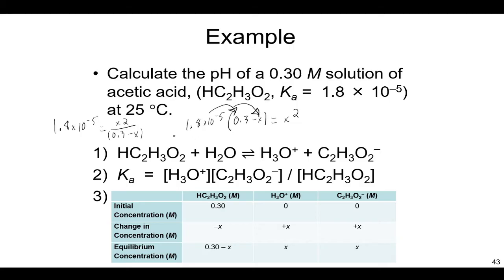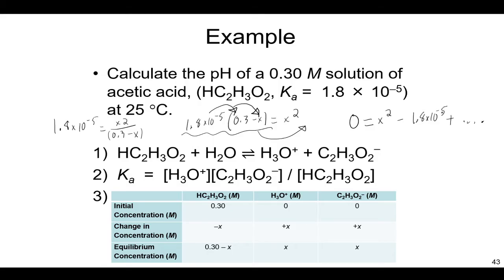I can then move everything to the other side so that I can get it in a quadratic form that looks like 0 equals x squared, right, minus 1.8 times 10 to the negative 5 x, right, plus whatever 1.8 times 10 to the negative 5 times 0.3 is. That'll go here. And now you have your A, B, and C, and you can use the quadratic formula.